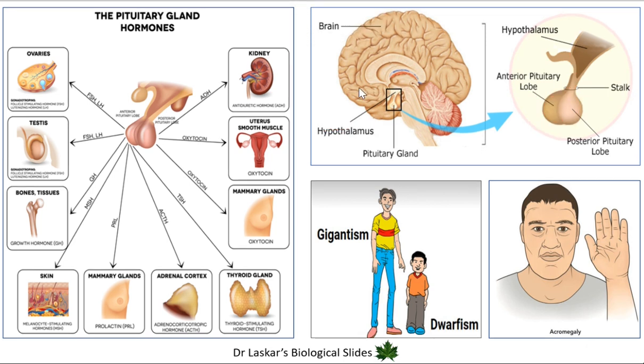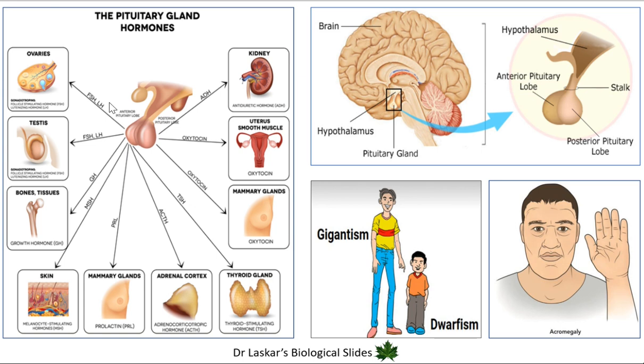Now if we observe the functional part of this gland, the anterior part of the pituitary gland mainly releases various kinds of hormones.